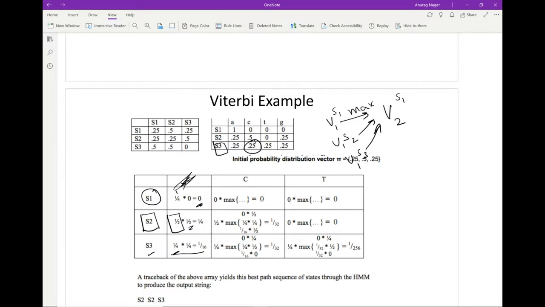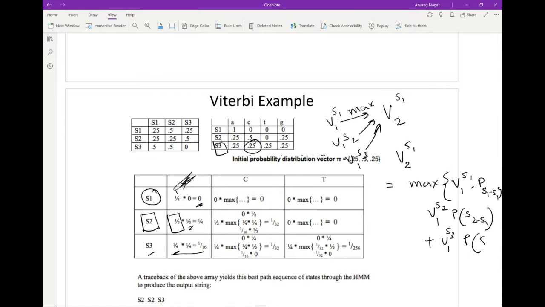So for V2 S1, you have to take the max of three terms: V1 S1 multiplied by the probability of the S1 to S1 jump, then V time 1 S2 times the probability of the S2 to S1 jump, and time 1 you could be in state 3, times the probability of the S3 to S1 jump.